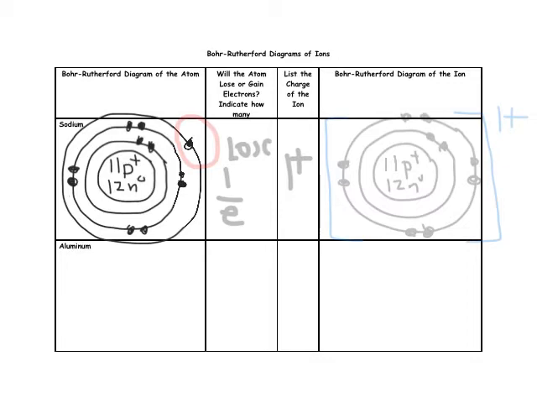So now let's try to do it with aluminum. So when we go and look at aluminum, aluminum has an atomic number of 13. So aluminum will have 13 protons and 13 electrons.